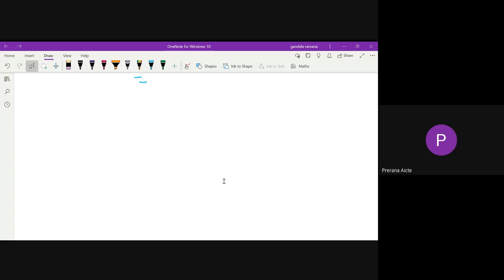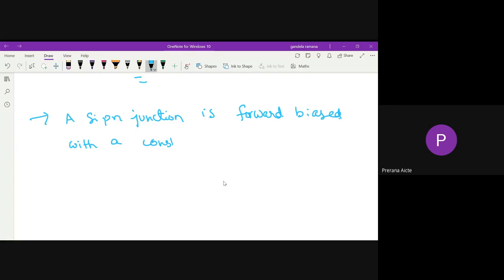A silicon PN junction is forward biased with a constant current at room temperature.